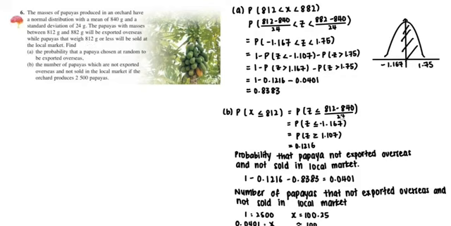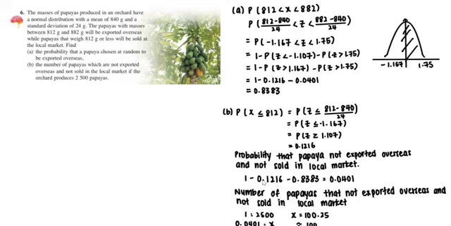We form this equation, substitute the mean and standard deviation into the formula, and type in the calculator. We find 0.1216.